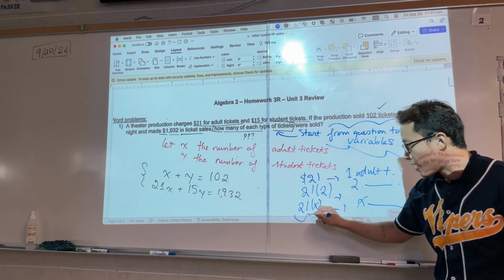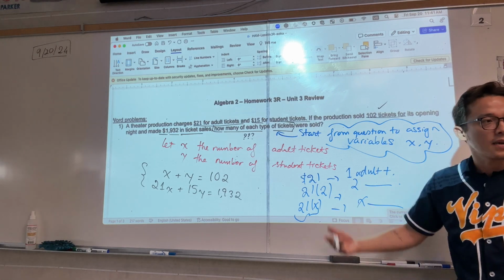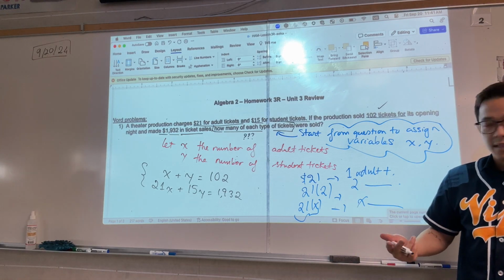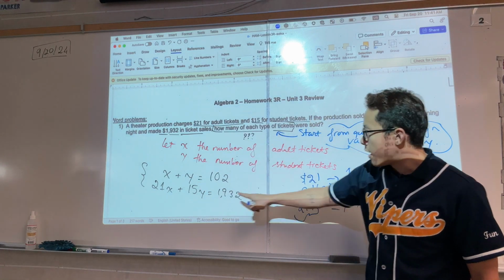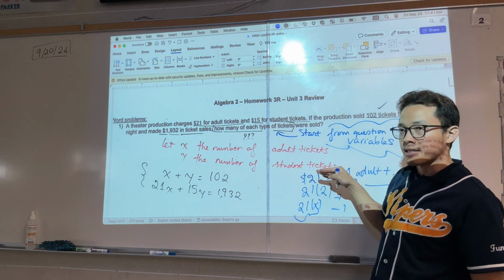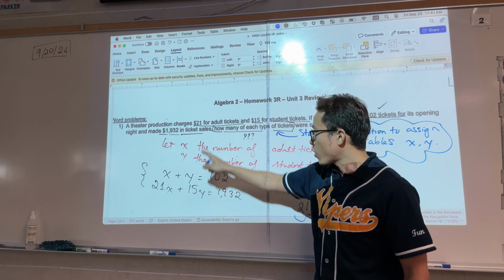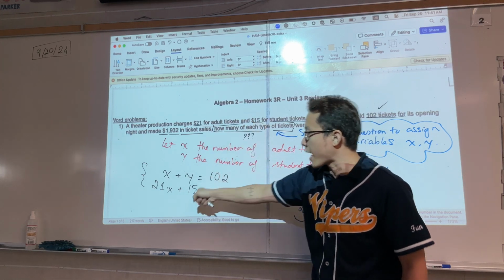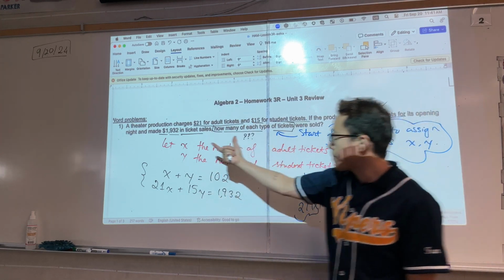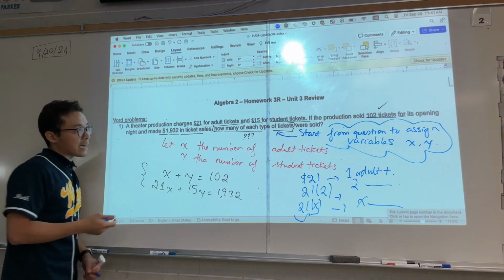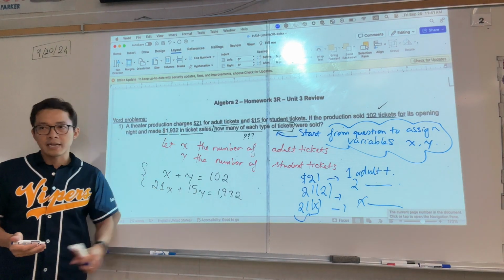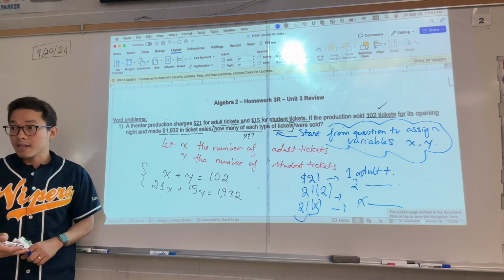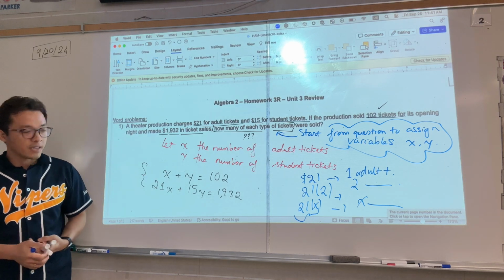That's the cost of x number of adult tickets. Same thing: y is the number of student tickets, so the total is $15 times y. And the total they made is 1,932. So you have 2 equations like this. Did we learn how to solve it last time? What method do you think is good?